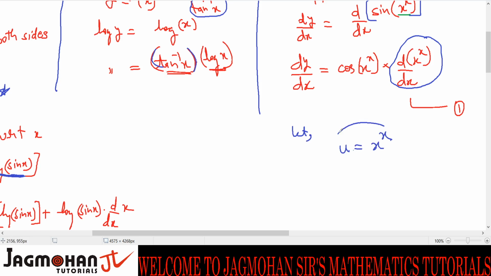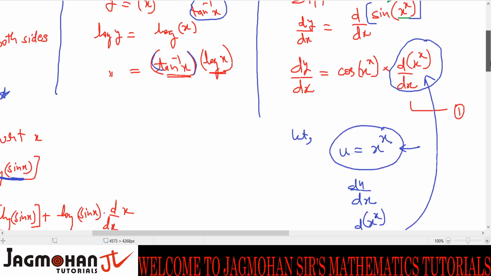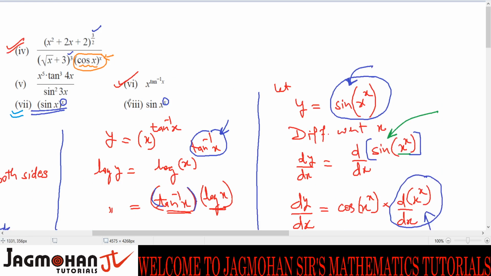Here you will take log, and you will find du by dx. This du by dx is actually d by dx of x raised to x, which you will substitute in 1, and that will be your final answer. So these two problems, number 6 and number 8, are for you to solve. You can replay the video and learn it. Thank you.